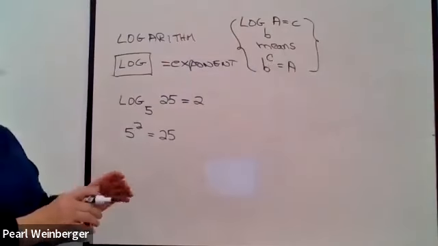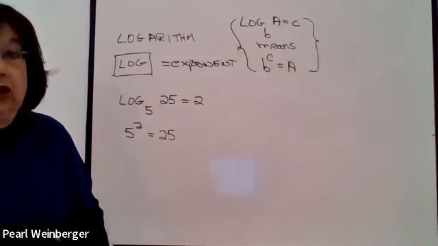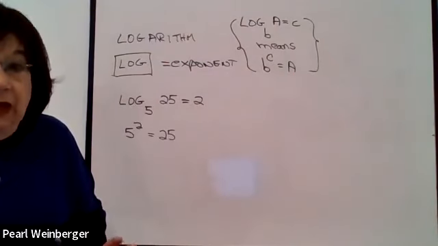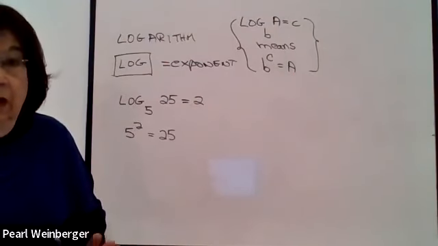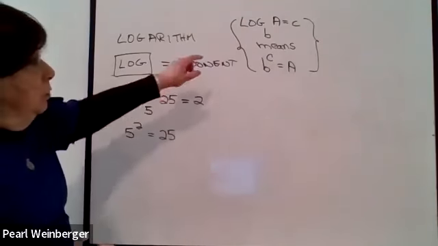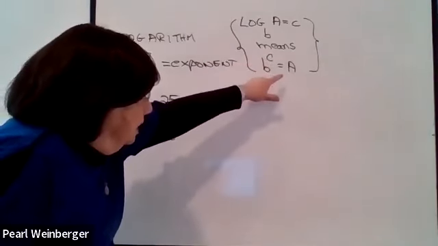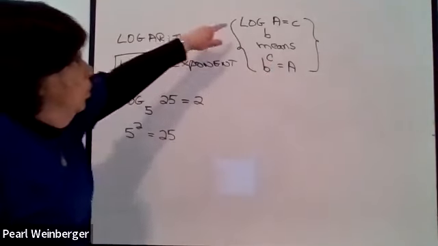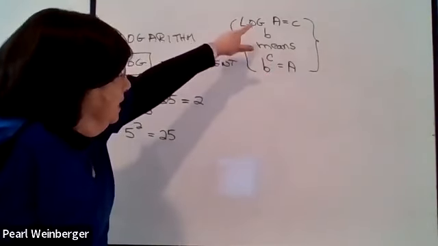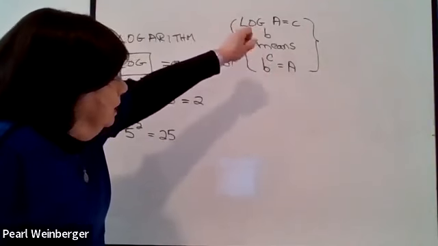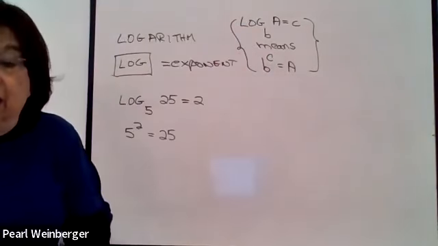They're just two different expressions of the same idea. One where we focus on the base and the exponent to get the answer. One where we have the base and the answer, and we try to figure out the exponent.